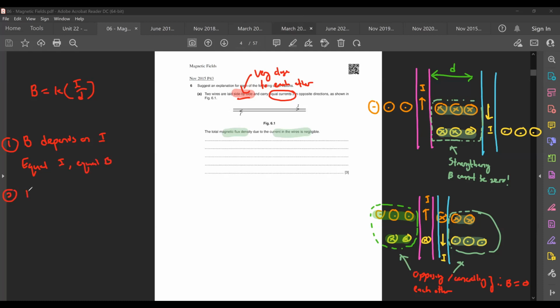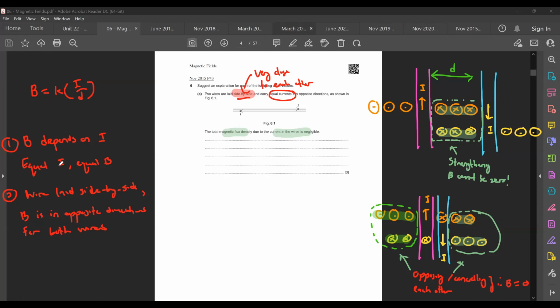Then after that, if the wires are laid side by side, that means that B is in opposite directions for both wires. Okay, just based on these two facts alone.